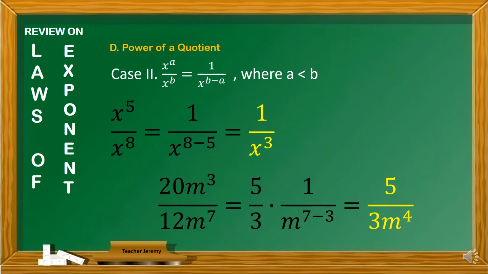Next, m cubed over m raised to the 7th power. 7 minus 3 is 4. So, we have 1 over m raised to the 4th power. Multiply it to your answer, so 5 times 1 is equal to 5, over 3 times m raised to the 4th power. So, we have 5 over 3m raised to the 4th power. Okay? That's it.